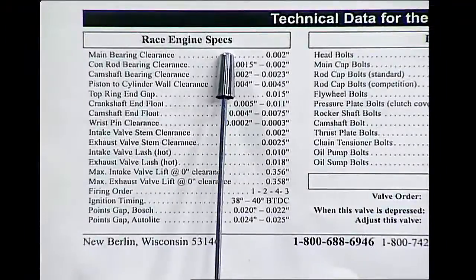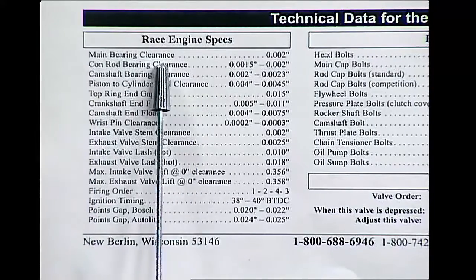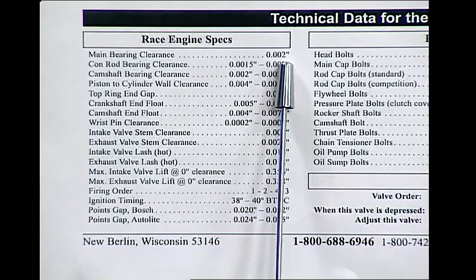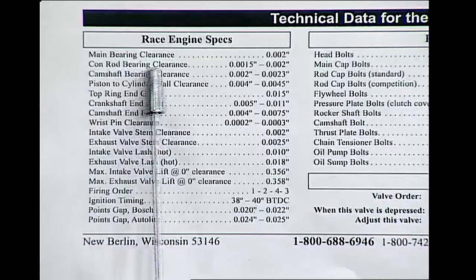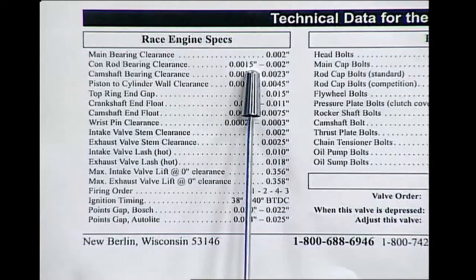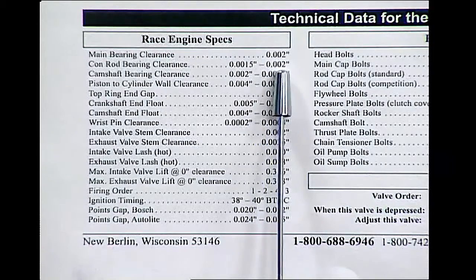And this is the race engine specs. Main bearing clearance, 0.002, thousandths of an inch. That's 2 thousandths. Connecting rod bearing clearance, 0.0015 or 15 ten-thousandths to 0.002, 2 thousandths of an inch.